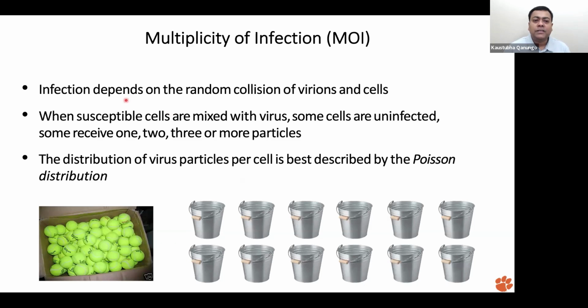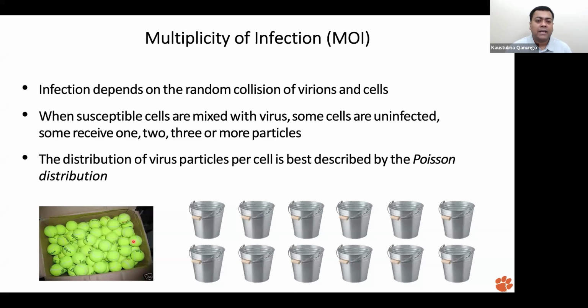The infection depends on the random collision of virions on the cells. When susceptible cells are mixed with the virus, some cells are infected, some receive 2, some 3, and more particles. And this distribution of particles per cell is best described by what is known as the Poisson distribution.